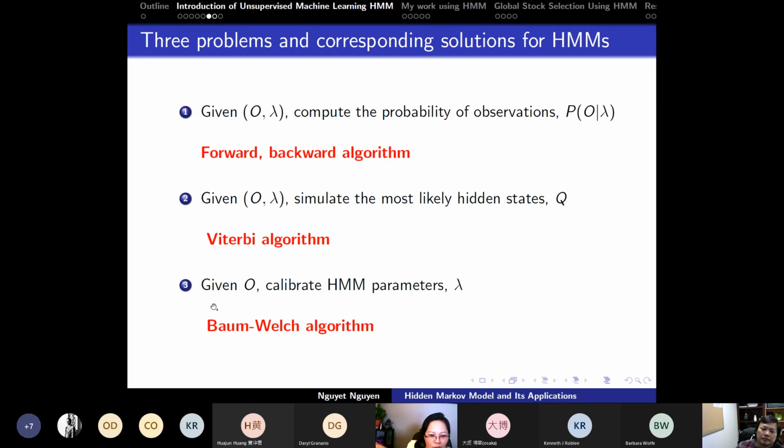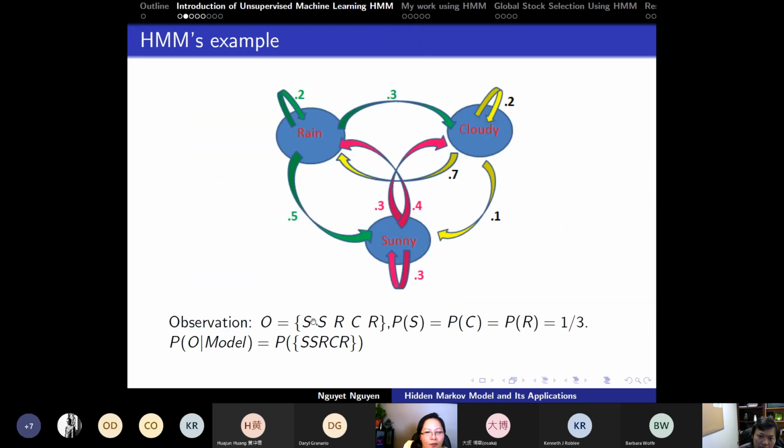In the hidden Markov model, the purpose of getting the lambda is that you have the observation data. For example, in this example I show you, this is a very small observation data of the weather.